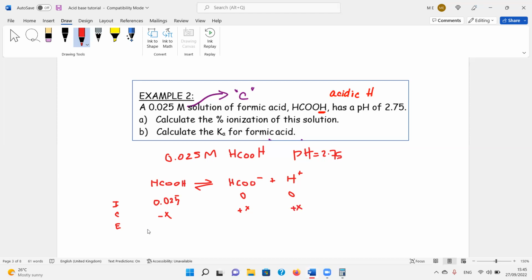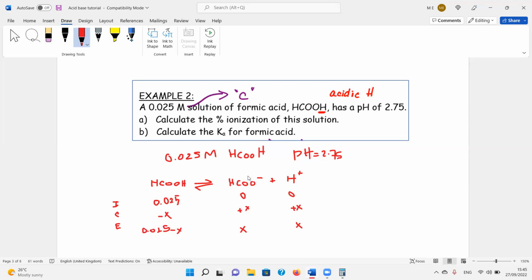The final step is to add these two steps together. So 0.025 minus X equals 0 plus X, which is X, and here plus X. The key thing here is, well, we'll see if we can find X somehow.